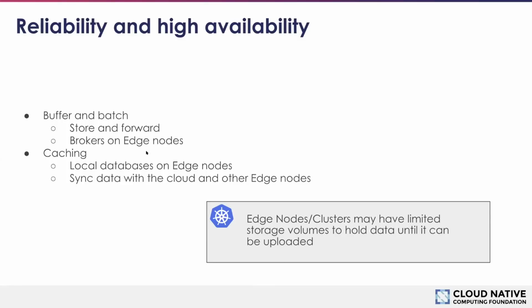You can do buffer and batch or store and forward, meaning that your devices and applications will continue producing data and sending it as if everything is working fine, even if the connection is down. This means that we need to deploy some kind of message brokering on the edge sites, so that the broker buffers all the traffic and then sends it upstream when the link is up, right?